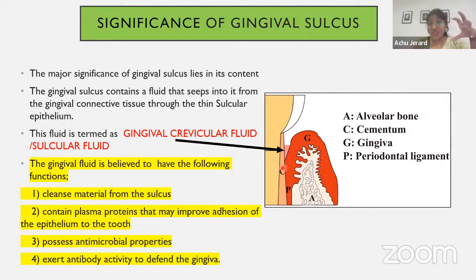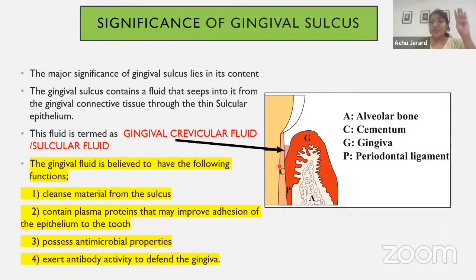various functions. It cleanses the gingival sulcus, the sulcular area. Then it has various contents which have antimicrobial properties, so it fights against any infections and bacteria that come, and it also has antibody activity that defends the gingiva. Finally, and most importantly, it has plasma proteins that improve the adhesion of the gingival epithelium onto the tooth surface.